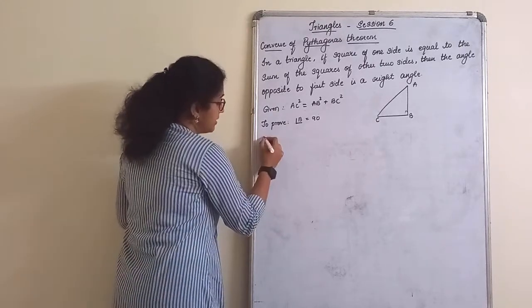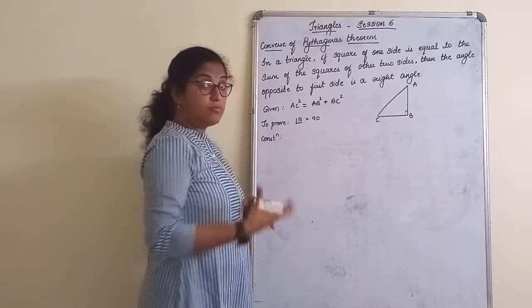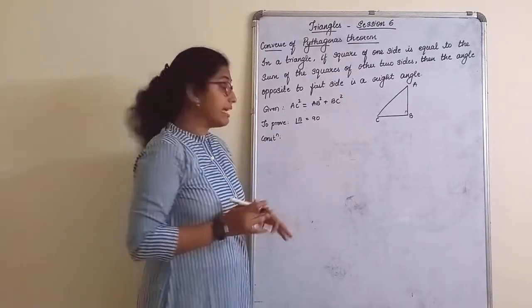There is a construction. What we do in construction is we assume that there is another right angled triangle.